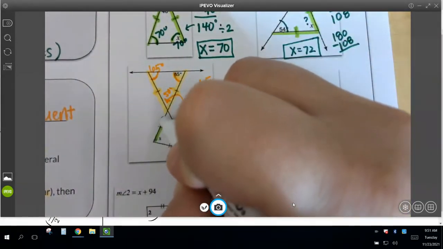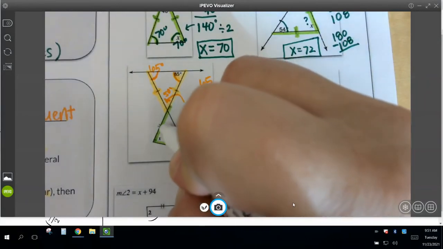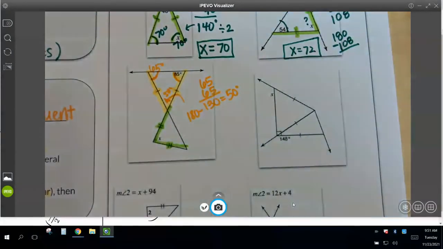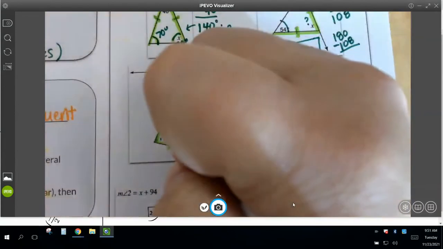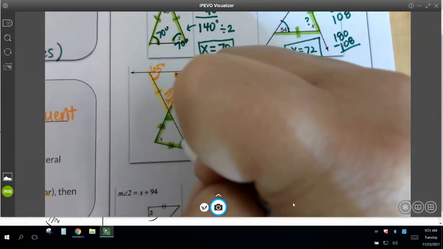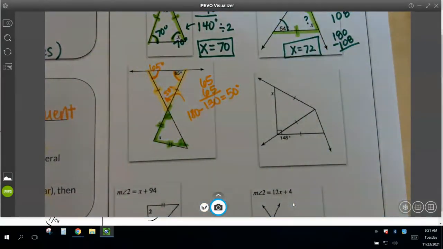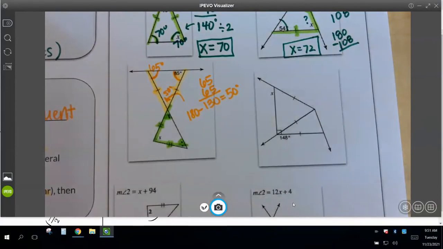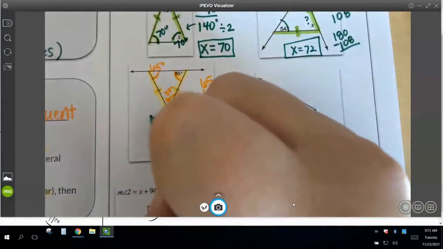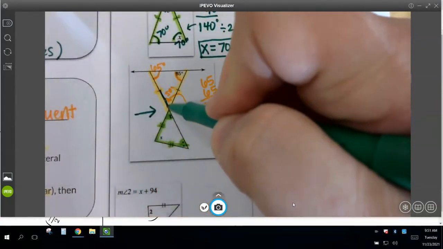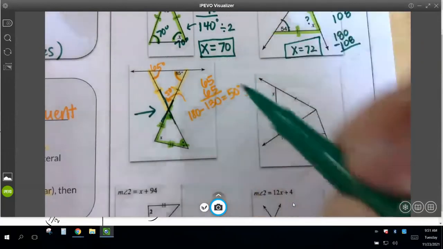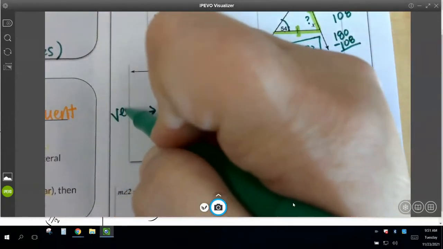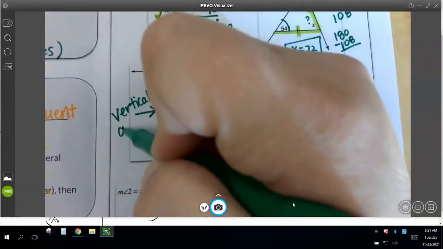Well, this triangle is also isosceles, but these two sides are the legs, making this angle right here and this angle right here your base angles of the bottom triangle. How many degrees are in each of these angles? So we have to remember our good old friend right here. What do we have? We have an x, two intersecting lines. We have vertical angles.